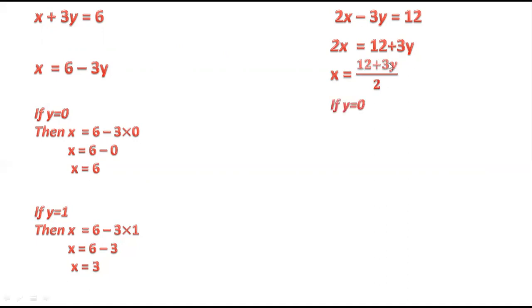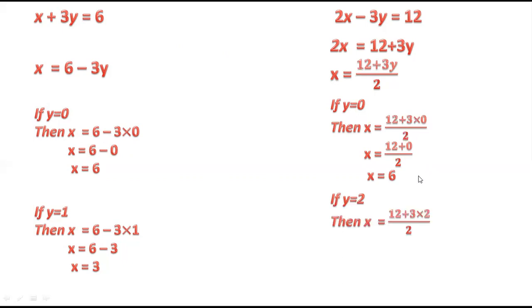If y is equal to 0, then x is equal to 12 plus 3 into 0 by 2, that is 6. If y is equal to 2, then x is equal to 12 plus 3 into 2 by 2, that is 18 by 2. So x is equal to 9. If you feel this is a bigger number, you can take a negative value, like minus 2 for y.